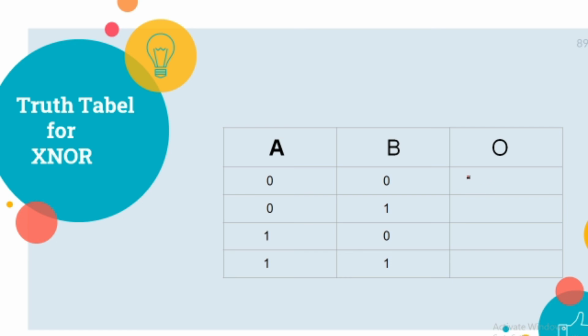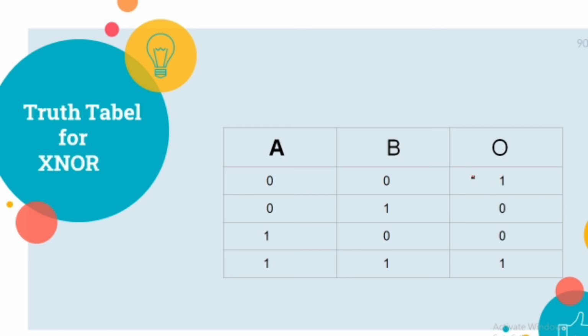If both the inputs are the same, our output will be high, otherwise it will be low. So for the first and the last case, our inputs are the same, so our output is high in both cases, and in these other cases our inputs are different, one is high and one is low, so that's why these are low. This is basically the complement of the XOR gate.